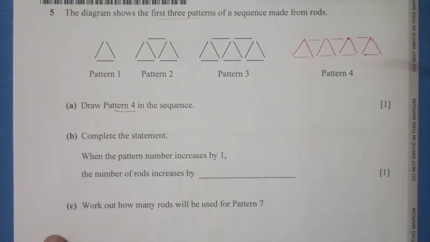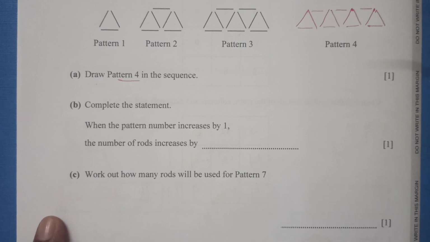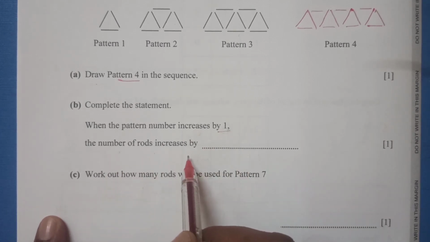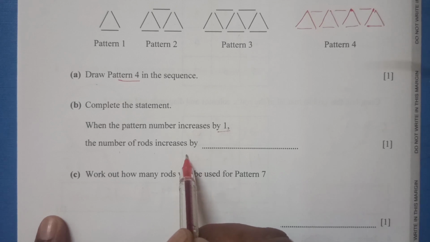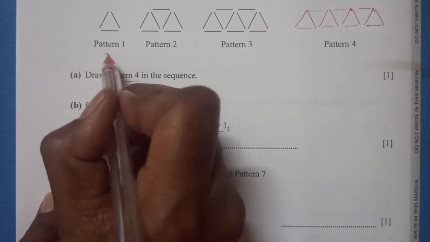Now part B, when the pattern number is increased by 1, the number of rods is increased by, let's see. Pattern 1, number of rods is 3.